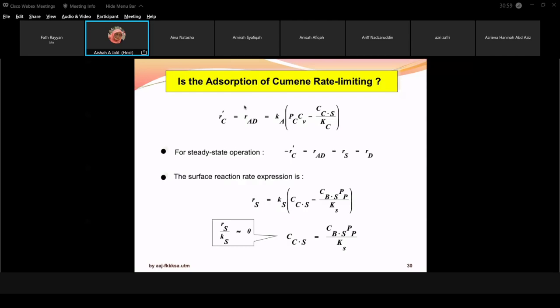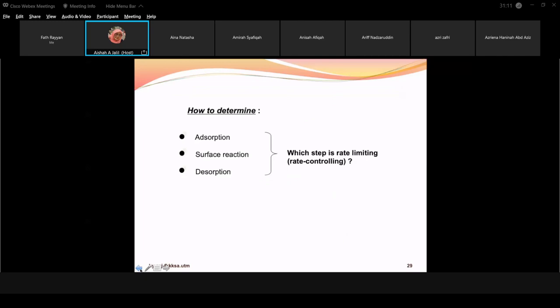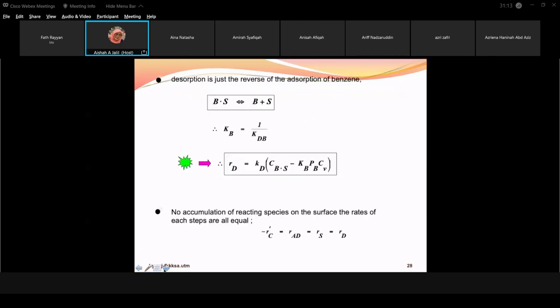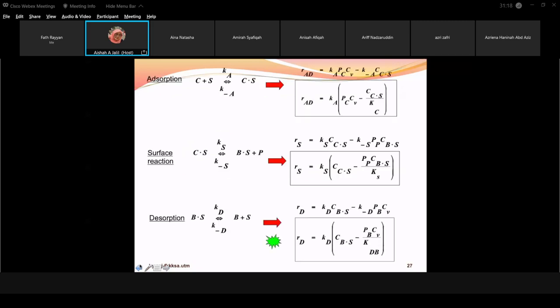If it were me, I would write all the rate laws for the three steps. If you can see your WhatsApp, number 1 is to select a mechanism.